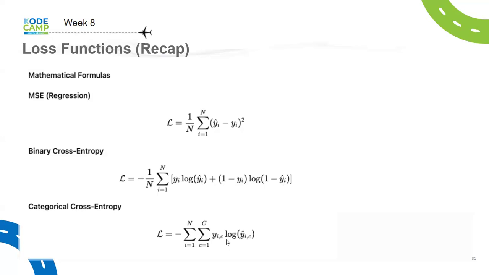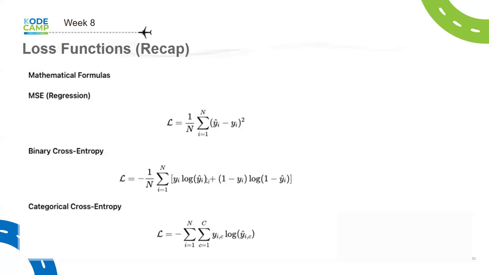You are just multiplying the true value yi by the log of the predicted value, which is the probability. You do this for all the classes in that category. So if there are four classes like red, yellow, blue, green, there will be four log terms.